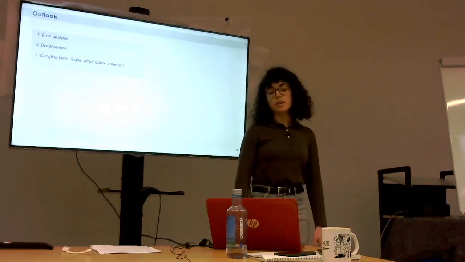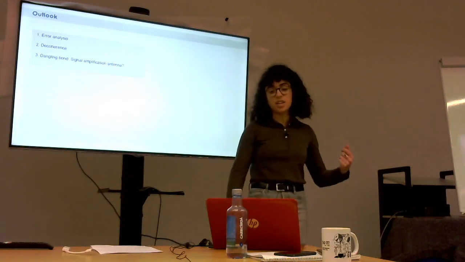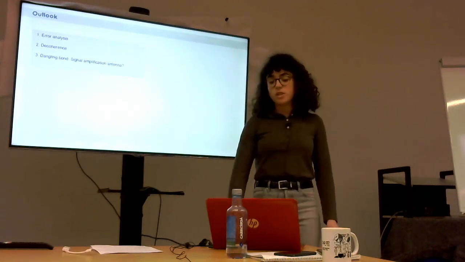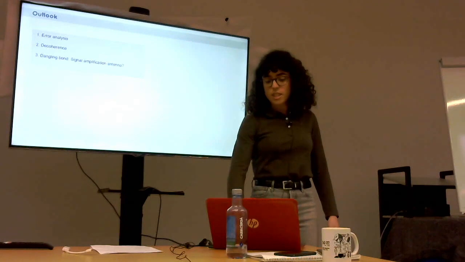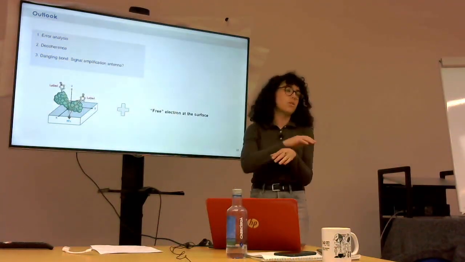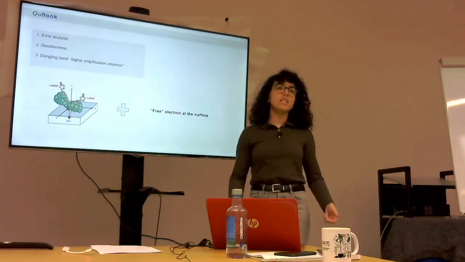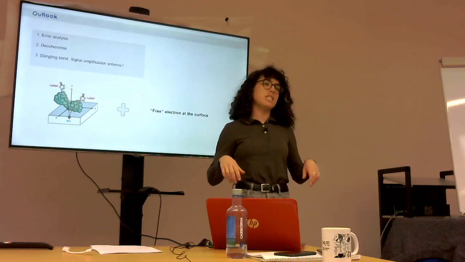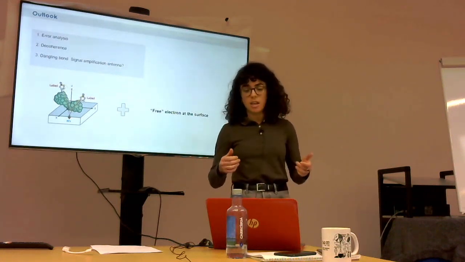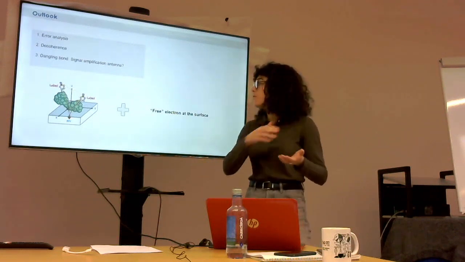And besides, we are working on another scheme to extract G, which is based on the dangling bonds. The dangling bonds are electrons that appear on the surface. Usually these electrons are seen as enemies, and before doing any kind of experiment, people get rid of them.